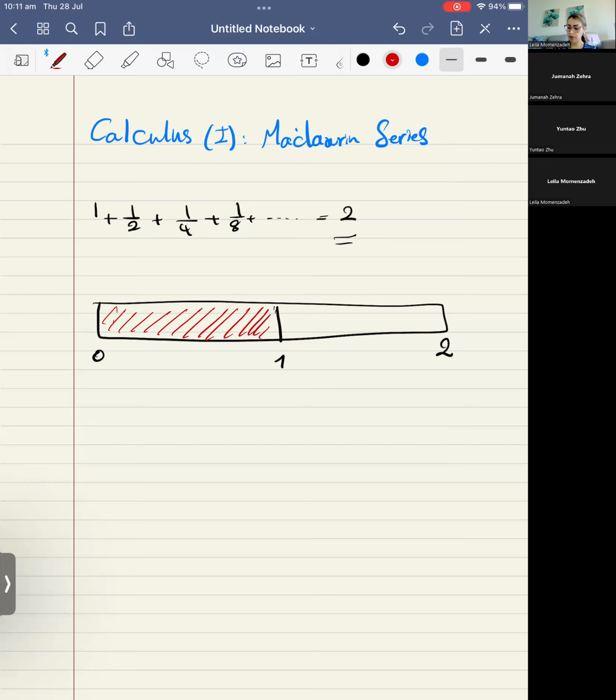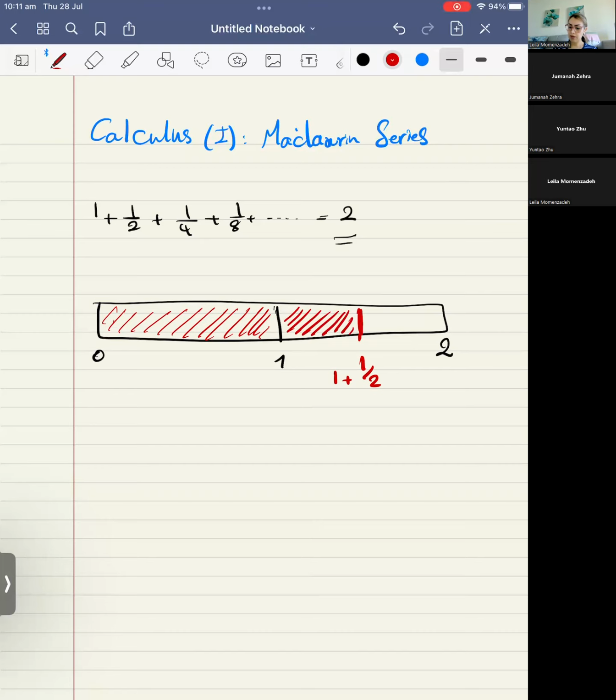Plus 1 over 2, which is here. The 1 plus 1 over 2 is this part.